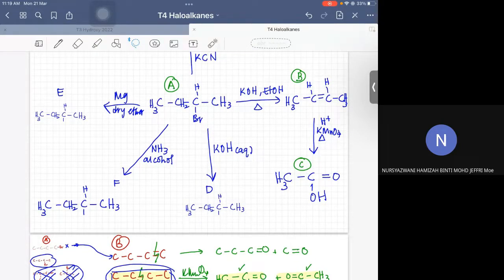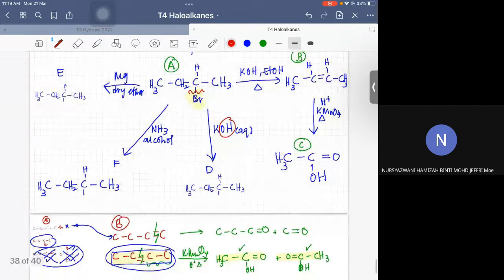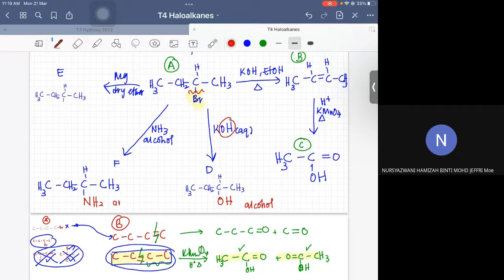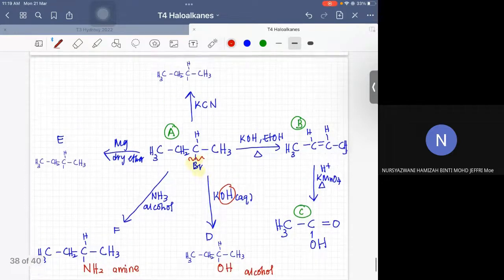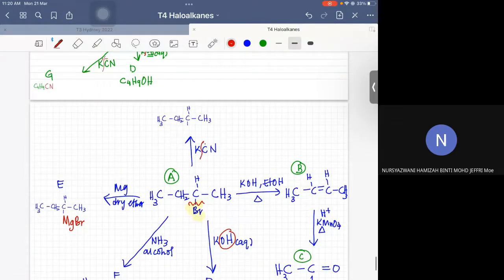So BR ni putuskan kat mana sambung, dekat mana kita react. OH, kita react dengan OH substitute BR. So we dapat alcohol. And then ammonia, dia akan provide NH2. Dia akan bonded pada N. Dapat amine. So ini alcohol, amine, and then react dengan magnesium diether, MgBr. And then Cn minus, dia akan provide Cn minus nucleophiles bonded dekat Cn.